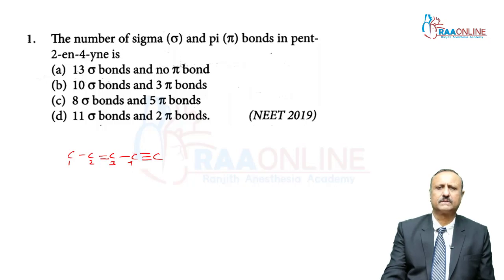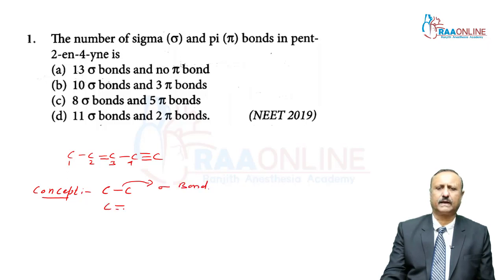Now, my dear students, here he asks how many sigma and pi bonds are present. What is the concept of this question? You know very well, when a carbon single bond is present, this bond is called a sigma bond.